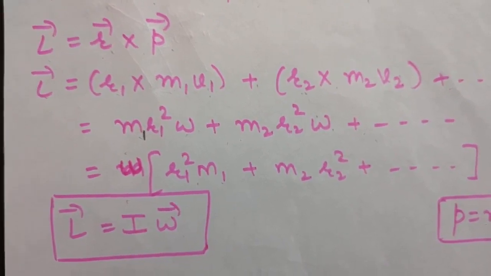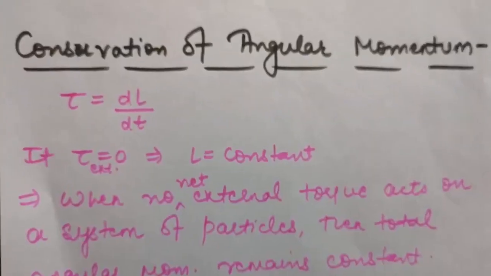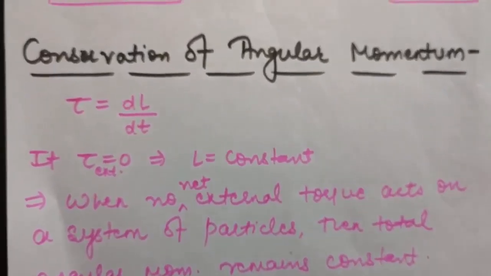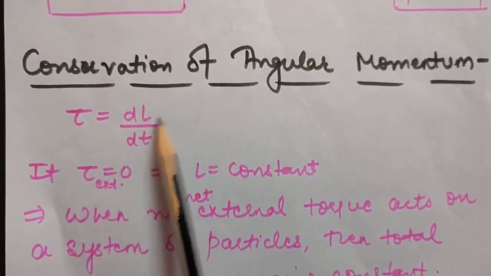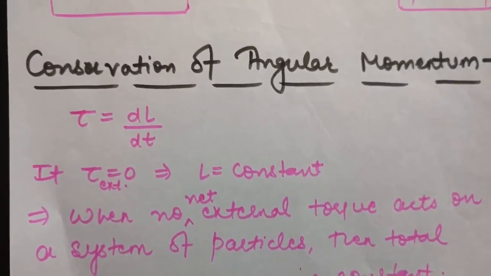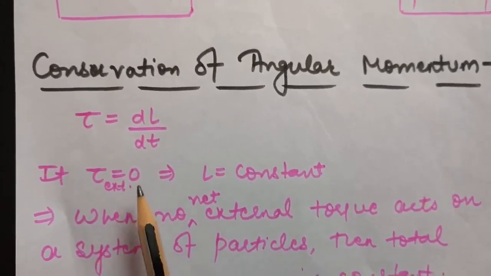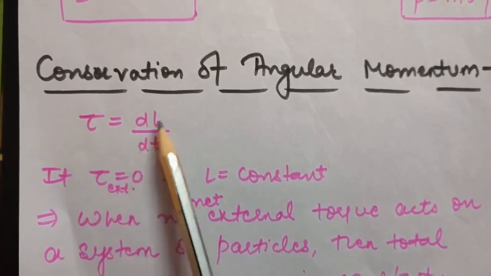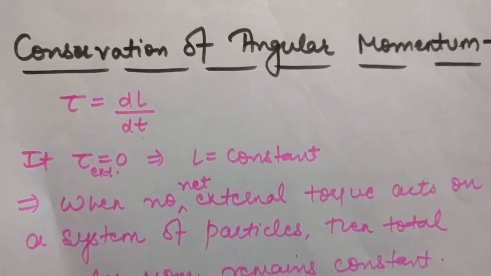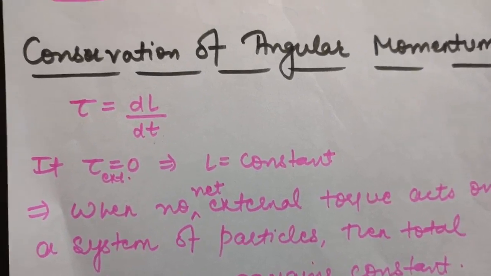Now let us see conservation of angular momentum. As in the last lecture, you derived the equation torque is equal to dL by dt. So from here, if net external torque is 0, then dL by dt is 0. And as you know, the differentiation of a constant is always 0.